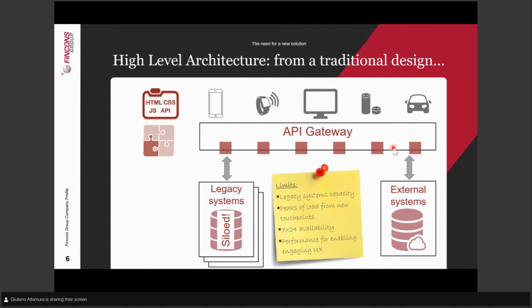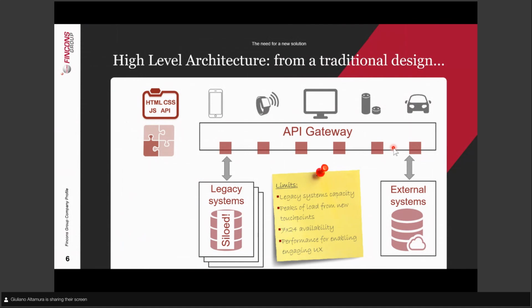Second is the peak of load from new touch points, because these new touch points are often exposed to the web, so you have an unpredictable usage, no? So you may have peaks of loads, and you have to size your backends in order to manage these peaks. And so again, it's a matter of sizing probably an expensive system, and so that's not the best choice. 24/7 availability is another point where many companies have problems in providing.